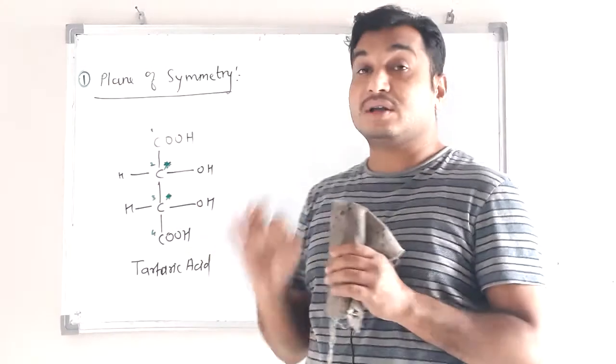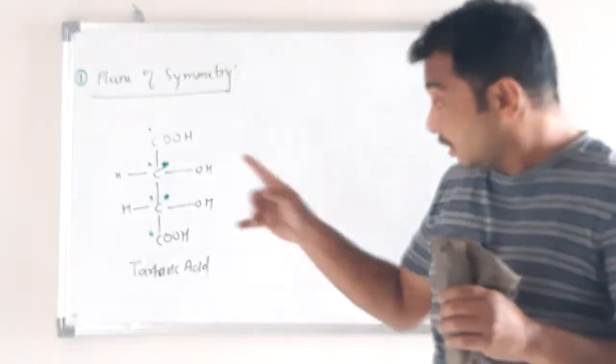Now, for a molecule to have or show optical activity, what is the basic requirement? The molecule must have at least one asymmetric carbon atom. Here, how many asymmetric carbon atoms are present? Two. But still this molecule is optically inactive. How?